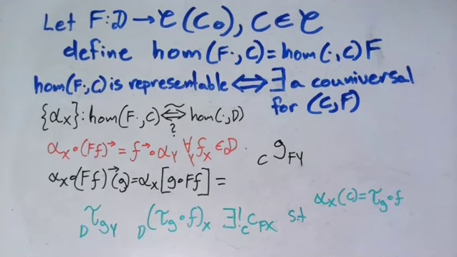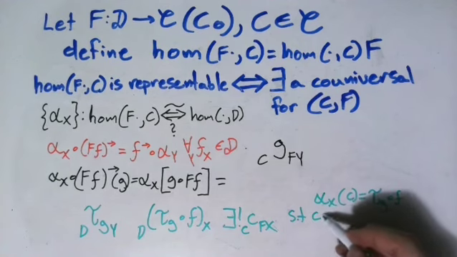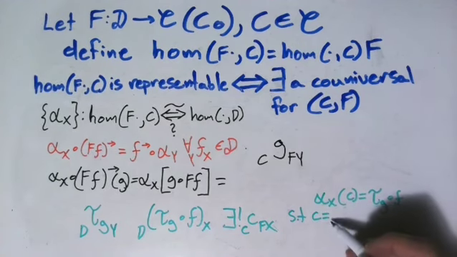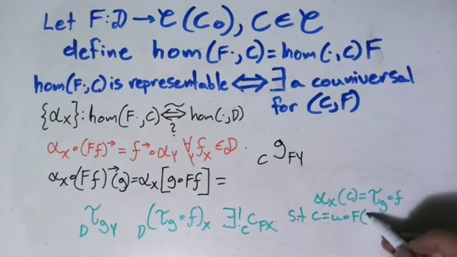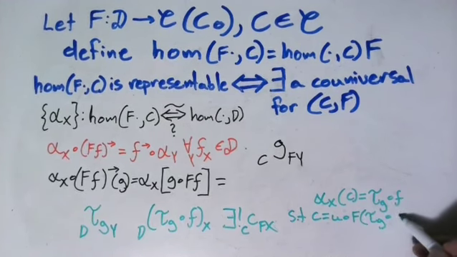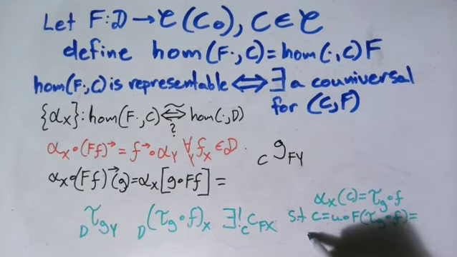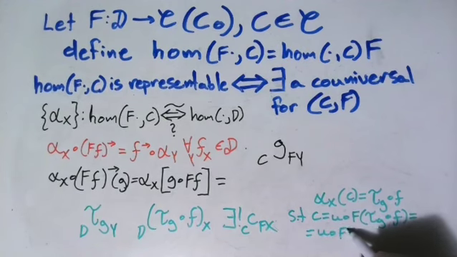And if that's the case, then we can plug this into our couniversality equation to get that c must be equal to u after F of this value, tau of g after f. And so we could break this functor up here to get u after F tau g after F of f.